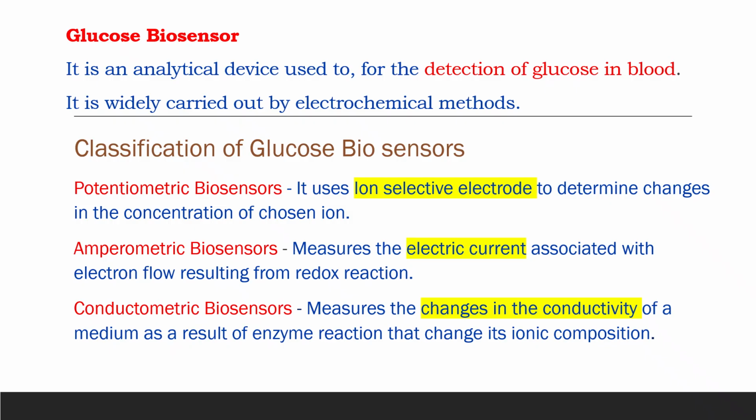Next we have the amperometric biosensor, where we measure the electric current associated with the electron flow. And third we have the conductometric biosensor. We measure the change in conductance in the medium, and based on that we measure the amount of glucose present in it.